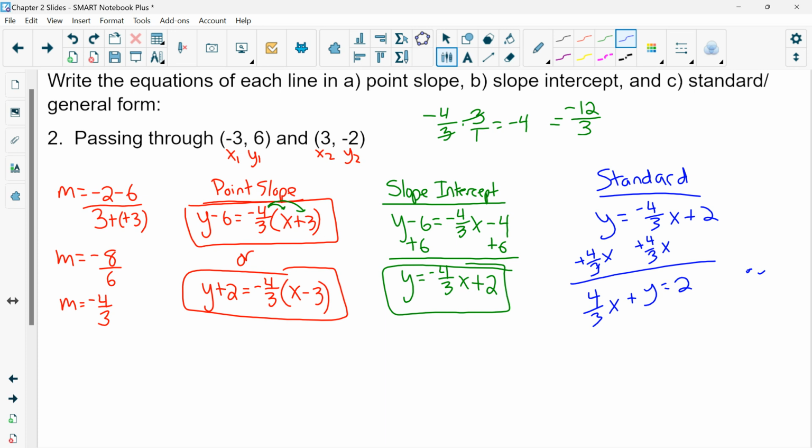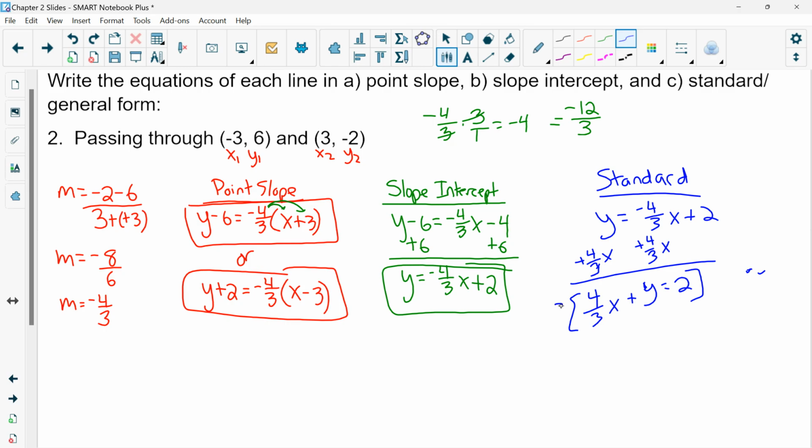So that would leave me with 4/3 x plus y equals 2. Now, the only other thing we've got to make sure of is that, like I said, we need all of our coefficients of our variables and our constant to be an integer. So not a decimal, not a fraction. In this case, we have a 4/3 as our coefficient. So similar to how we did these problems before, if I want to get rid of something divided by 3, what can I multiply my entire equation by? 3.